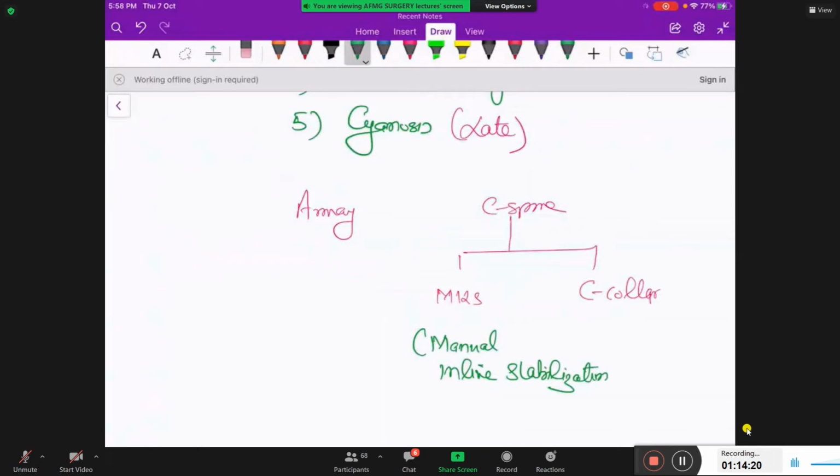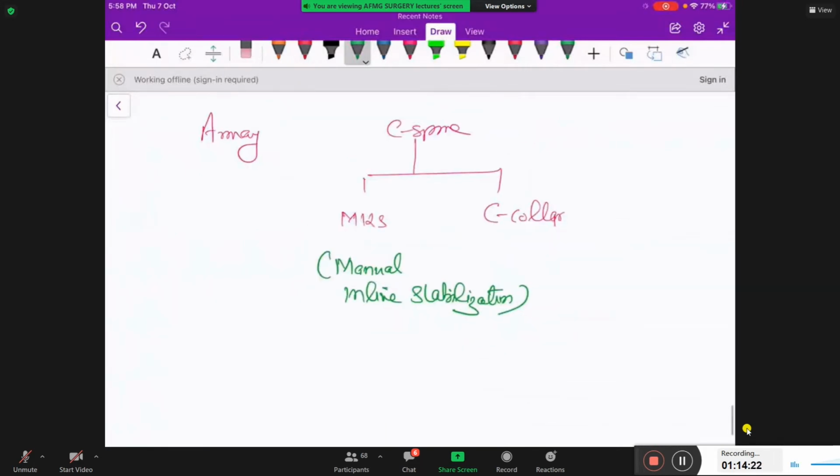Manual in-line stabilization. And what is the cervical collar? The cervical collar used in trauma is called the Philadelphia collar. It's a semi-rigid collar. Okay.